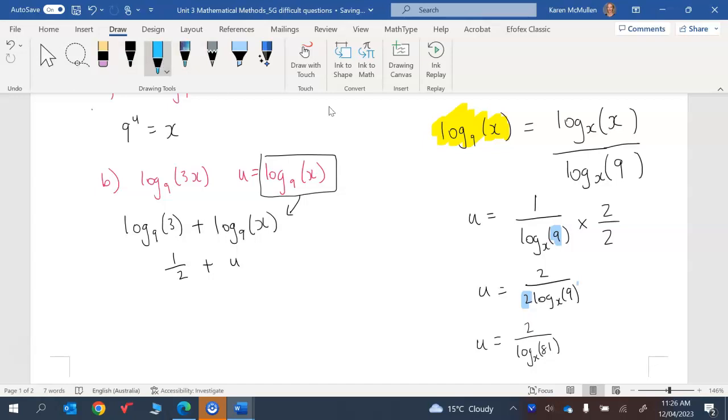You can just switch your number with whatever value is on the left, the denominator. If you don't believe me, you can do it in 2 steps: multiply by the log and then divide by u, and you'd get the same thing. So log base x of 81 is equal to 2 over u.